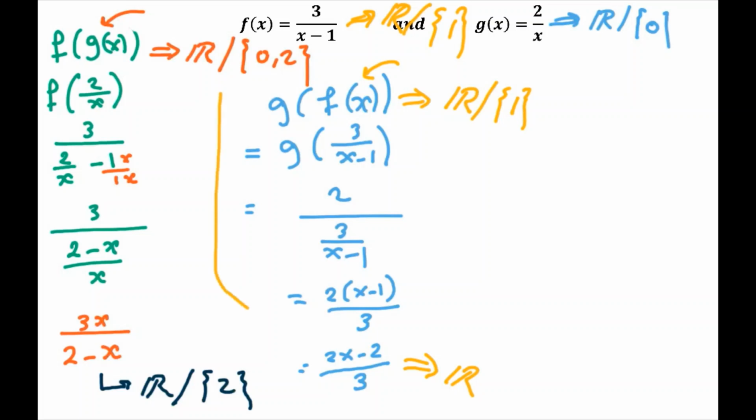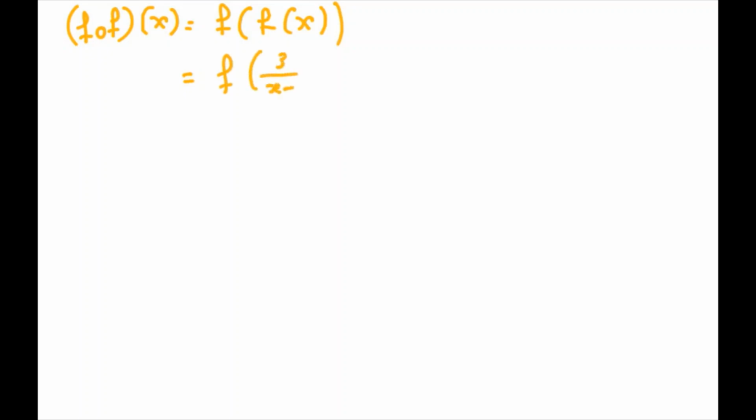Okay, guys? Now, let's move on and try to find f of f and g of g. So, f of f(x), and that's going to be equal to f of 3 over x minus 1. Go back, 3 over x minus 1 minus 1. Try to simplify by multiplying the numerator and denominator by x minus 1.